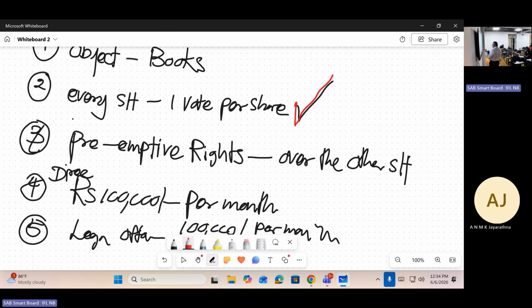And the third one, preemptive right. Every shareholder has a preemptive right over the shares of the other shareholders. That is also related to shareholders.